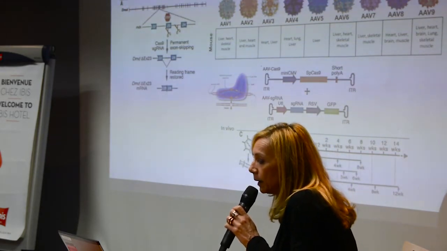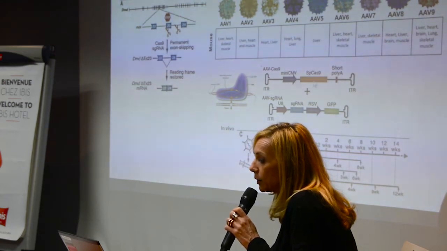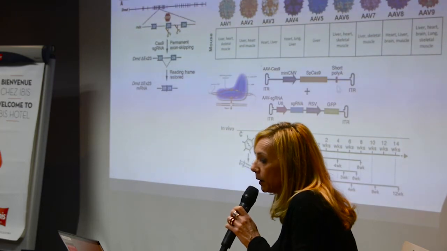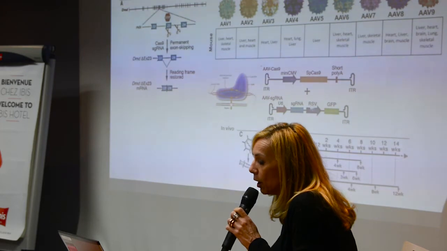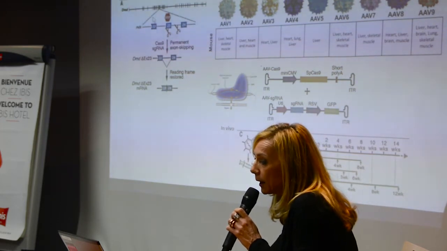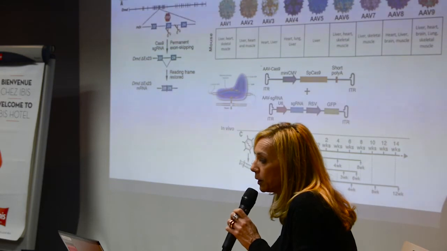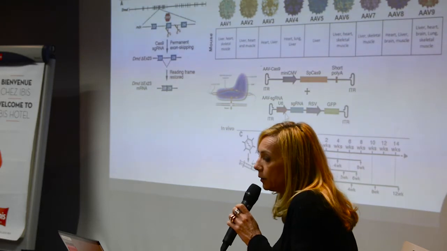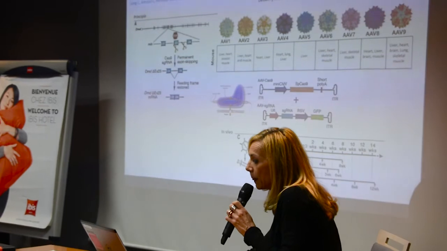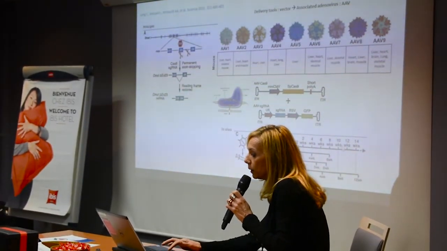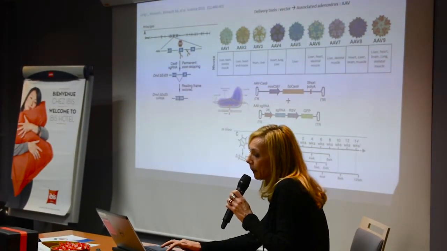They established two vectors, one with the sequence of Cas9, so they can express Cas9 in the fibers, and another vector with the RNA guide to target specifically around exon 23. So two constructs, two AAV vectors, which they injected into the mouse model. Here is the age of the mouse and the way of administration.